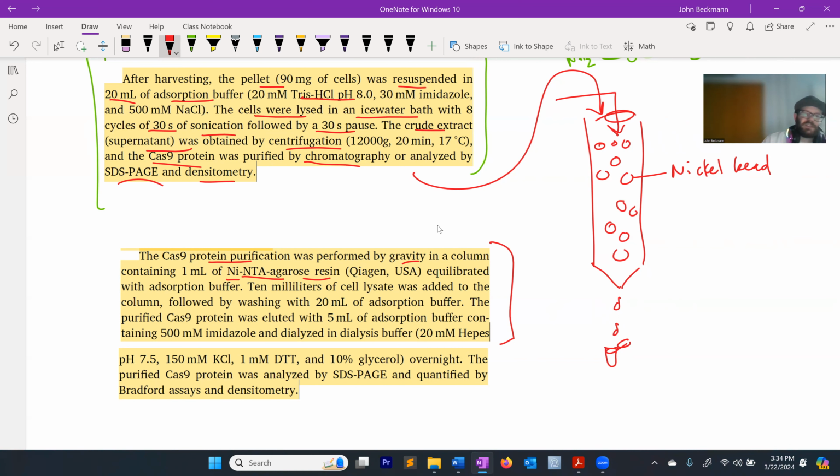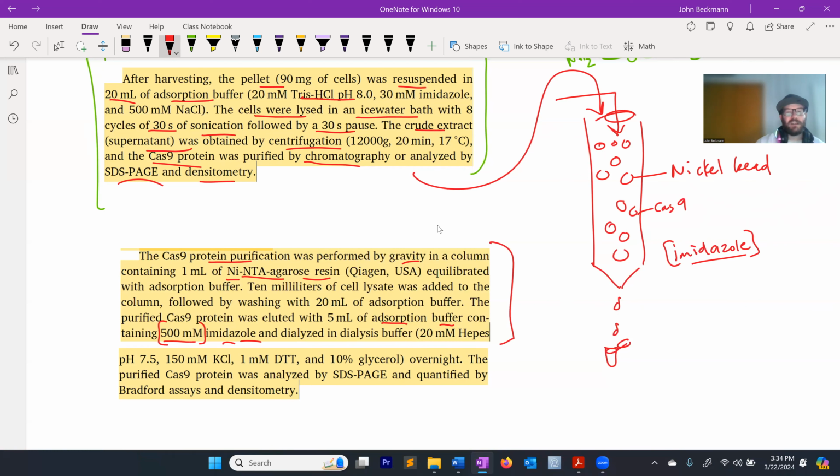Here's what's interesting that I wanted to point out. It says the absorption buffer containing 500 millimolar imidazole. Why would they have imidazole in their absorption buffer, which is the condition under which they want the Cas9 to bind to the beads? Does anybody first remember what imidazole is? Yes, well, not with the Cas9, but with the his tag.